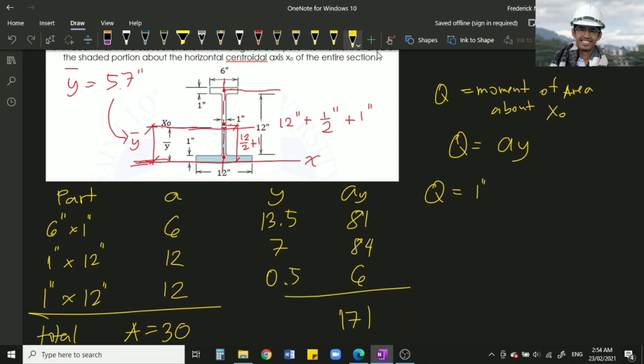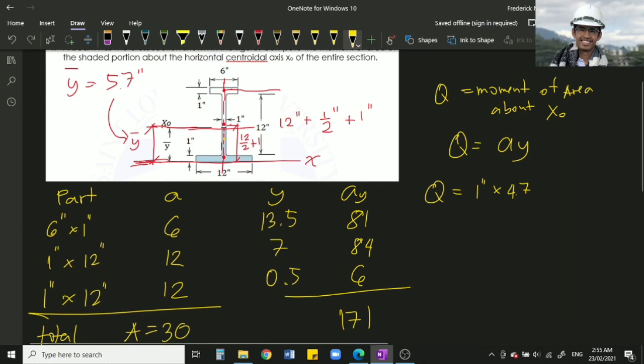So, that will be 5.7 minus 1 inch. So, that will be 4.7. Okay? 4.7 times, since it is a moment, we need the distance, so that will be 4.7 over 2, its centroid.